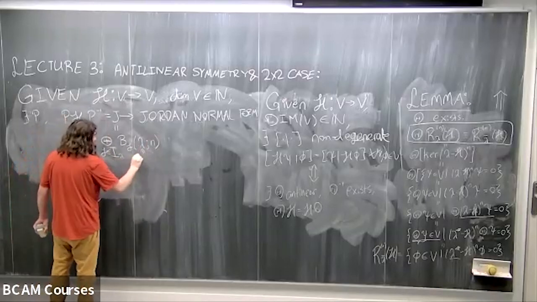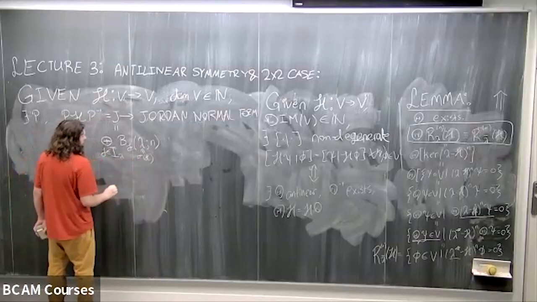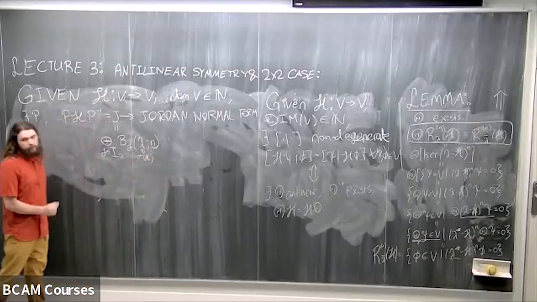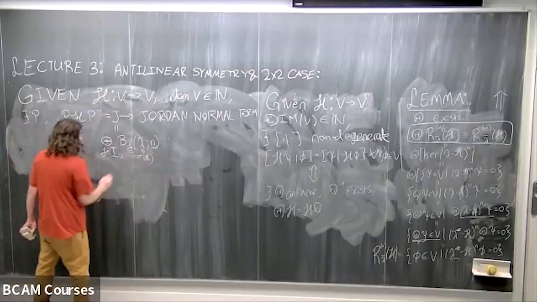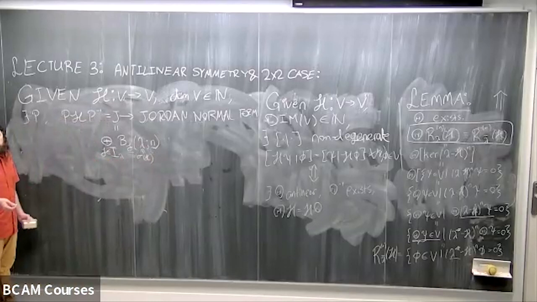Here, this lambda lives in the spectrum of H. This n indicates the size of the block, and this j indicates the number in enumeration of the block. So you can have many blocks of the same size and same eigenvalue if you want.